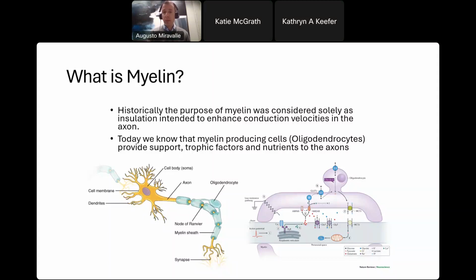Myelin is a very complex substance. As a matter of fact, here in the cartoon, hopefully you can appreciate the fact that there are all these receptors and these channels, and myelin plays a critical role, not only in insulating the nerves, but also in, for example, the electrical transmission. The function of the nerves depends on the myelin.